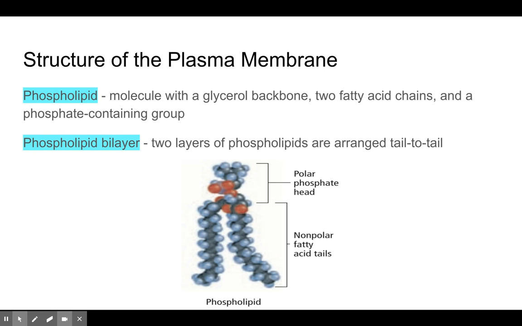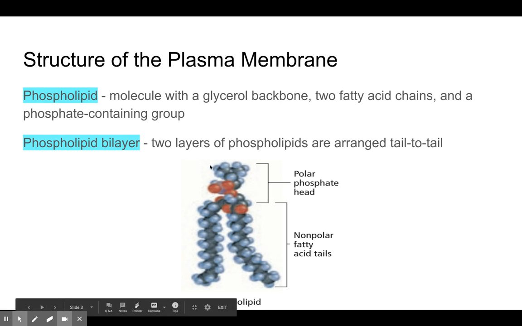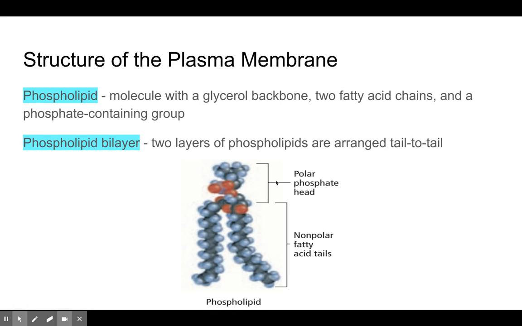So a phospholipid is a molecule with a glycerol backbone, two fatty acid chains, and a phosphate-containing group. So here's that polar head, and then here are these two fatty acid tails, and that makes up a phospholipid. And you will hear a lot when I ask you the structure of a plasma membrane, you need to know that it's phospholipid bilayer.